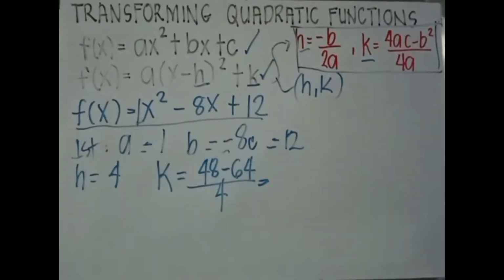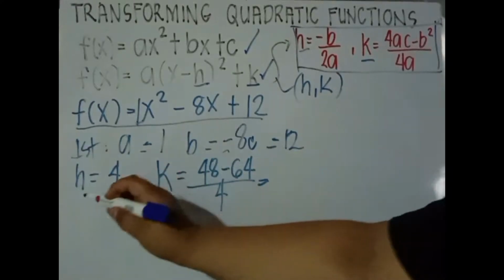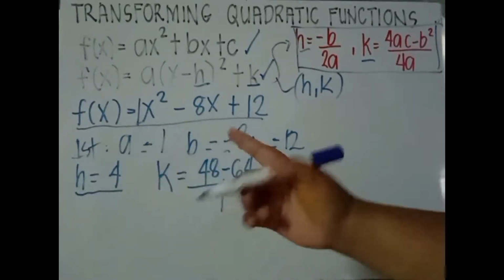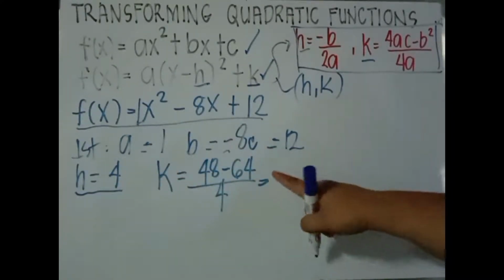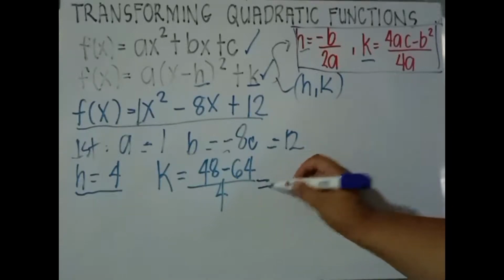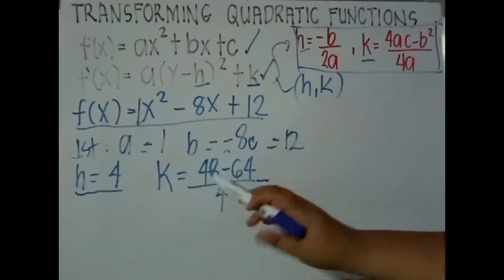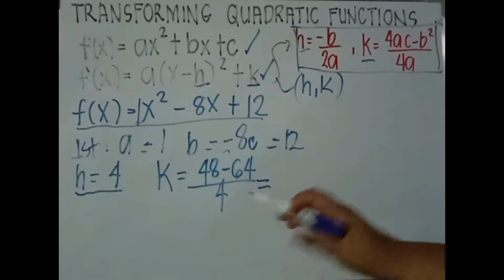Now let's proceed with our solution. We already have the value of your h, which is 4. We're not yet done with the value of our k. Our resulting equation is 48 minus 64 over 4.